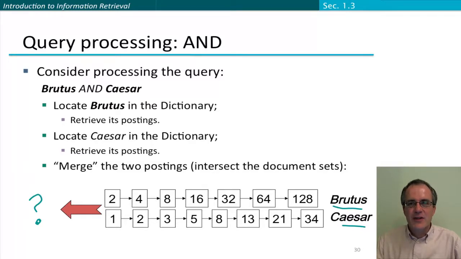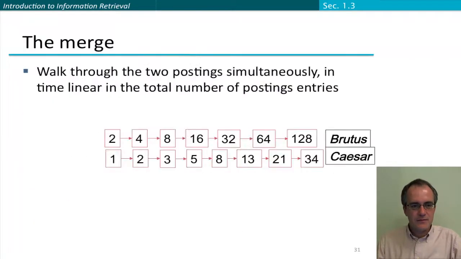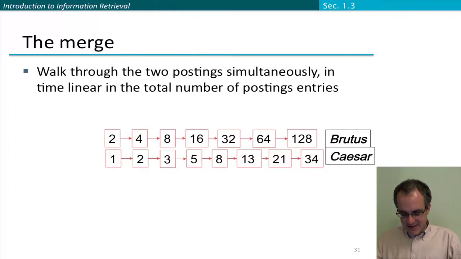So the merge algorithm family refers to a family of algorithms where you can step through a pair of sorted lists and do various Boolean operations on it. Let's look in concrete detail how that happens. Okay, so the way we do a merge operation to do Brutus and Caesar is like this. We start with a pointer which points at the head of both lists.